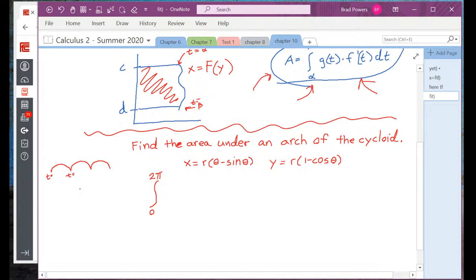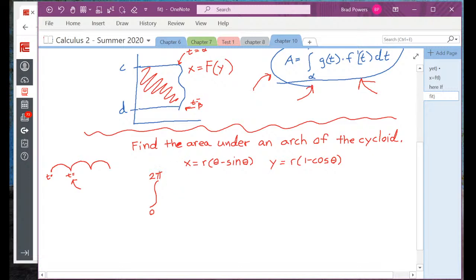We remember it's a circle with radius r, so one full revolution of the circle is right there, and for the x value this distance would be 2 pi times the radius. But anyway, 0 to 2 pi, that would be our t values.